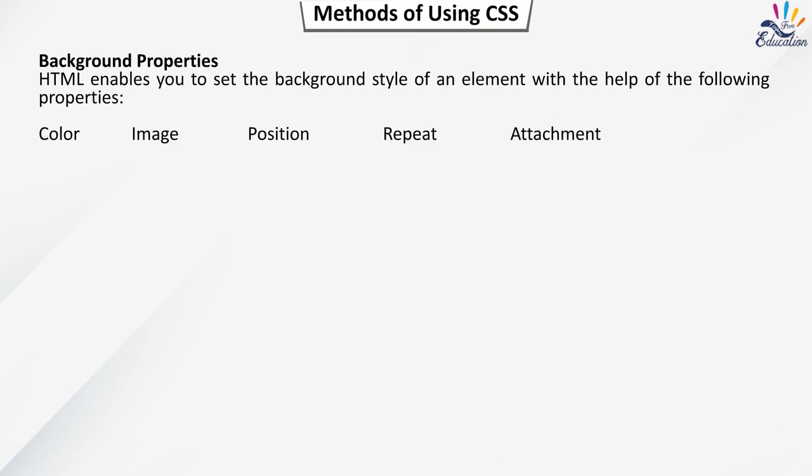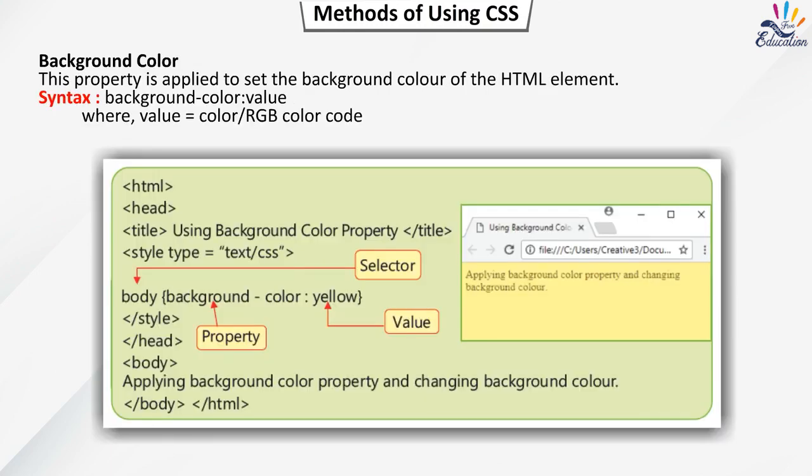Background properties. CSS enables you to set the background style of an element with the help of the following properties: color, image, position, repeat, attachment. Background color. This property is applied to set the background color of the HTML element.